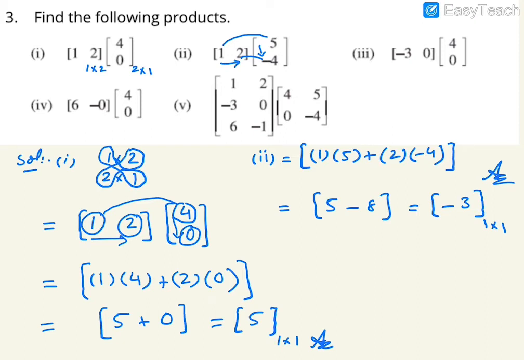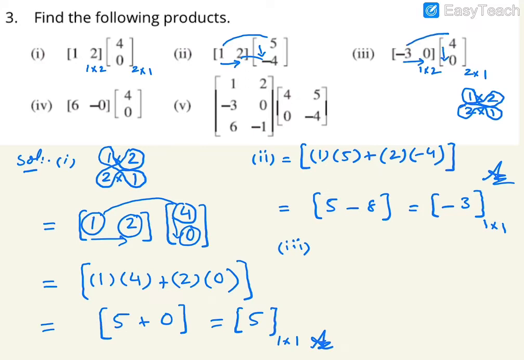Now part 3 is also the same. 1 into 2, 2 into 1. Multiplication is possible, and the order of the resultant matrix will be 1 into 1. So this row will multiply with this column.